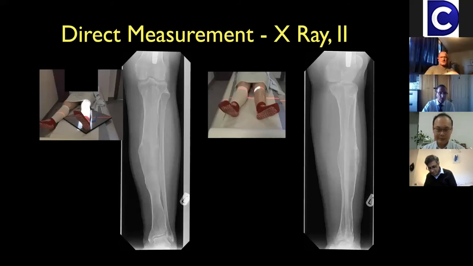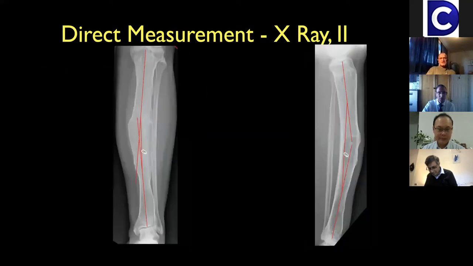So moving back a little bit, I think this is my example of what Professor Zhang was speaking about. If we look at those X-rays, this is a proper AP and a proper lateral X-ray of the tibia taken with the patella forwards, all those things that we require of our radiographers, and you can see there is a deformity visible in the AP plane, there is a portion of deformity visible in the lateral X-ray.